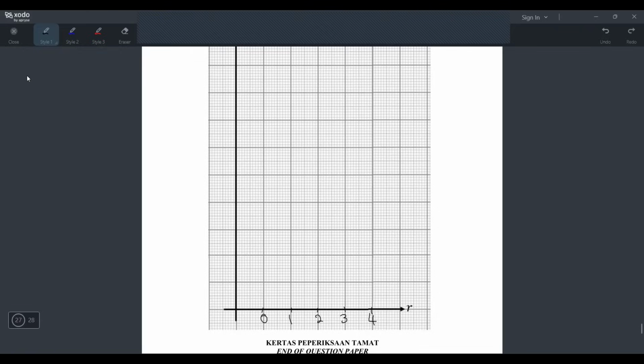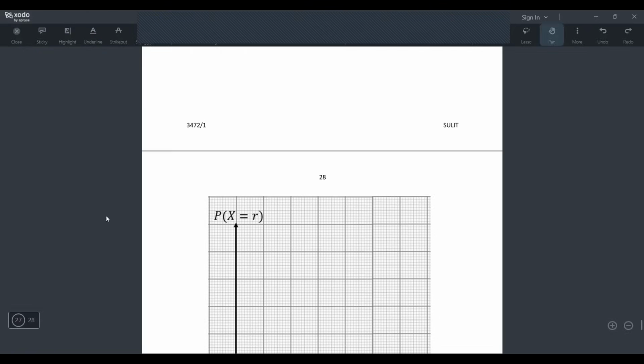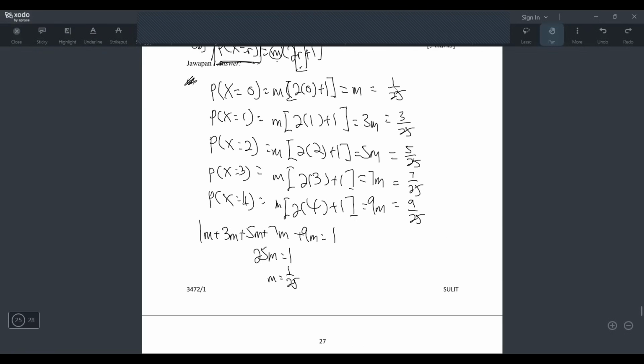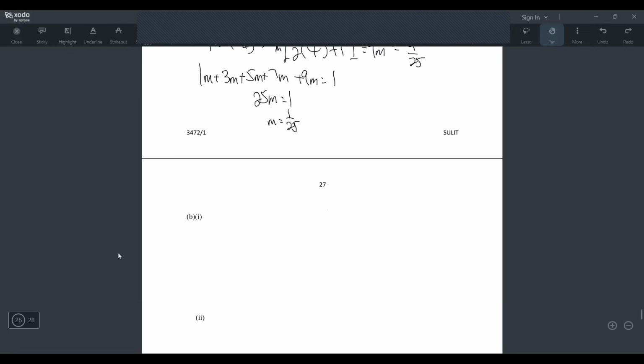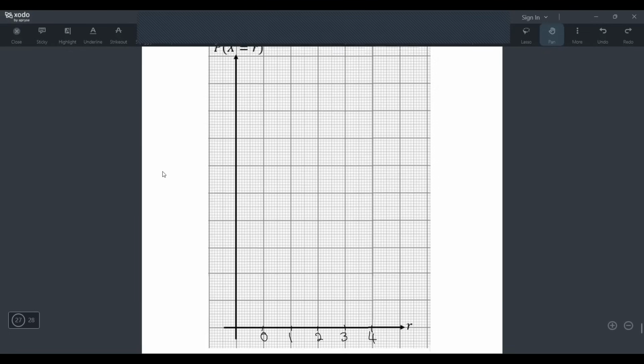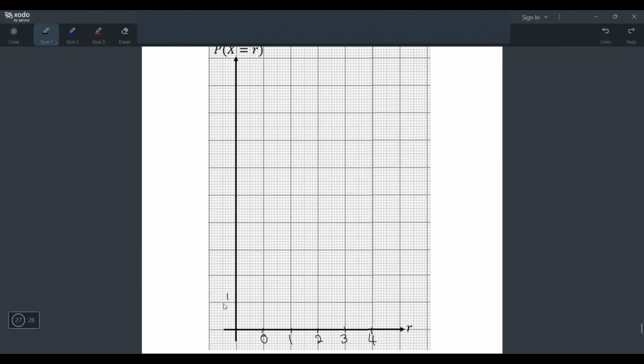And then the y-axis is for you to write the probability. Okay, if you look at the probability, it's all 1 over 25, 3 over 25, 5 over 25, all this, right? So you can choose a suitable scale. 1 over 25 is the smallest, 9 over 25 is the largest. So you can count it like this: this one is 1 over 25, and then 2 over 25, 3 over 25, 4 over 25, 5 over 25 is here, and then 6 over 25, 7 over 25, 8 over 25, 9 over 25, right?